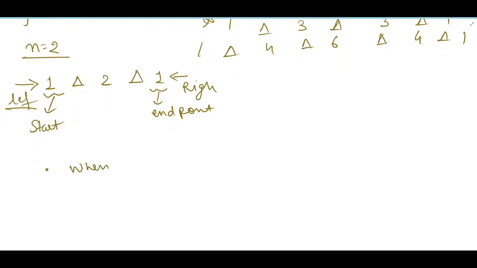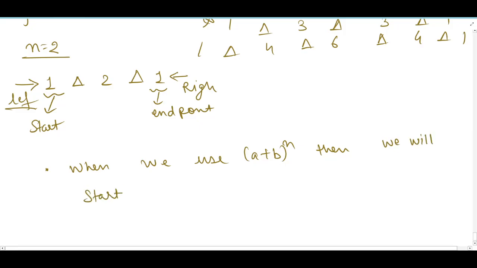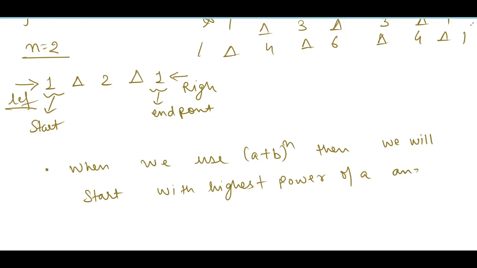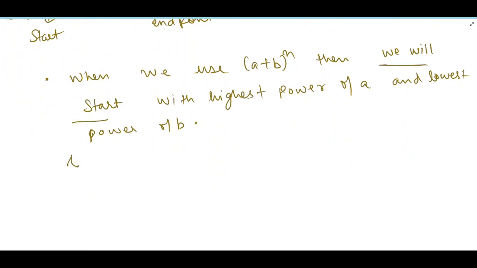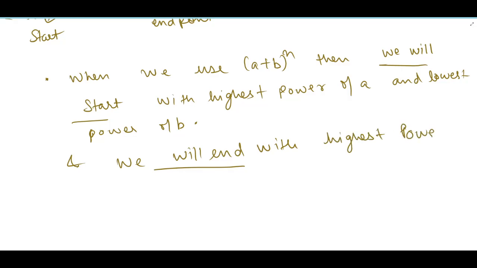Second, when we use (a+b) to the power n, we will start with the highest power of a and the lowest power of b, and we will end with the highest power of b and the lowest power of a.